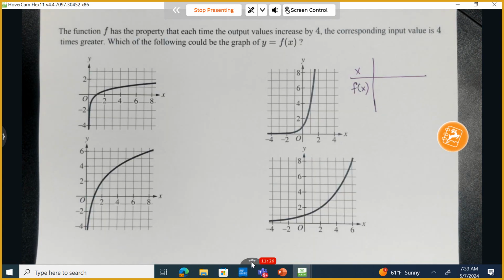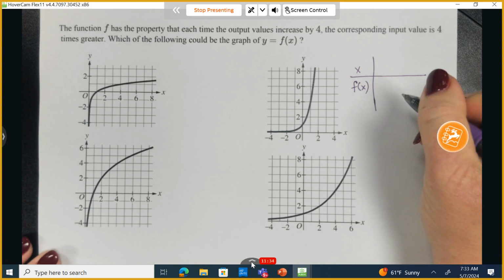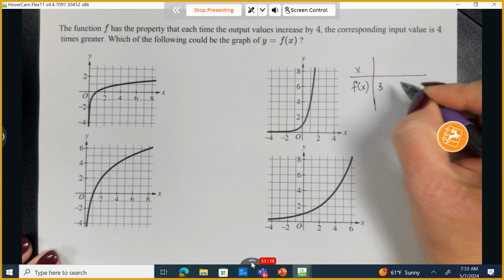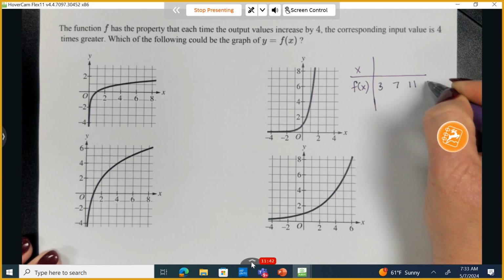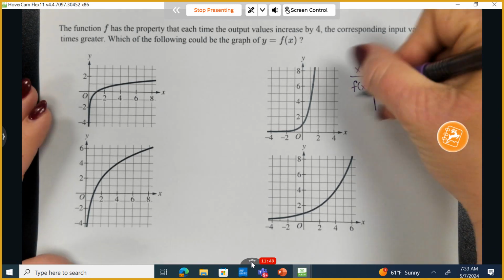The properties of function f state that each time the output increases by 4, okay, each time it goes up by 4. So I'm just going to start with a number. I'm just going to make it up. It increases by 4. So I'd have 3 plus 4 is 7, plus 4 is 11, plus 4 is 15. And then the corresponding input value is going to be multiplied by 4. I'm going to just make this up.